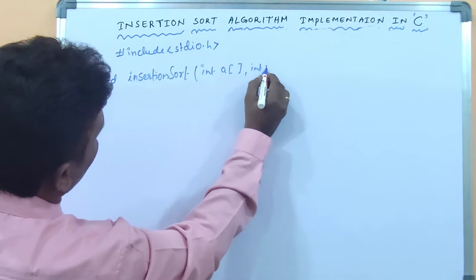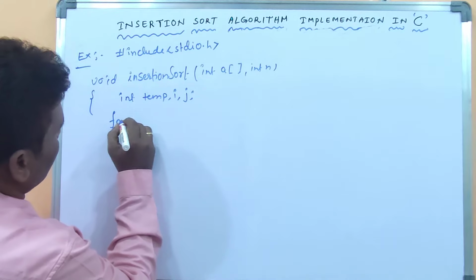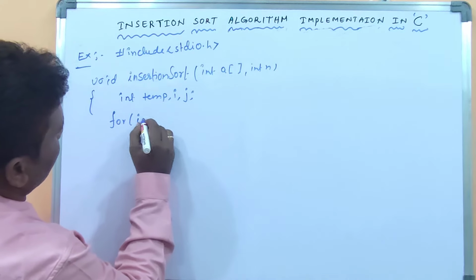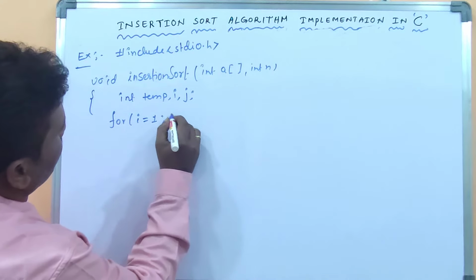Here another variable is required, an int temporary variable. Then the i and j variables are also declared. For i equal to 1, i less than n, i plus plus.